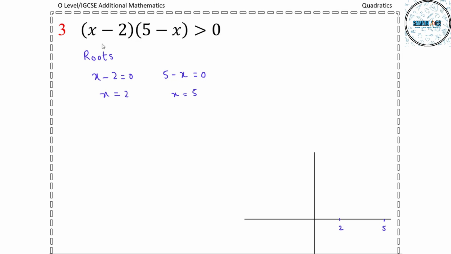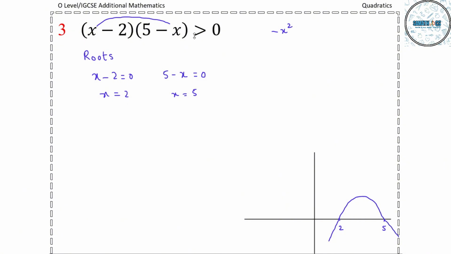Now we'll see the coefficient of x squared. If we multiply x by minus x, we will get minus x squared. So here the coefficient of x squared is negative. Whenever the coefficient of x squared is negative, the curve is to be a maximum curve. So we will draw a curve like this.